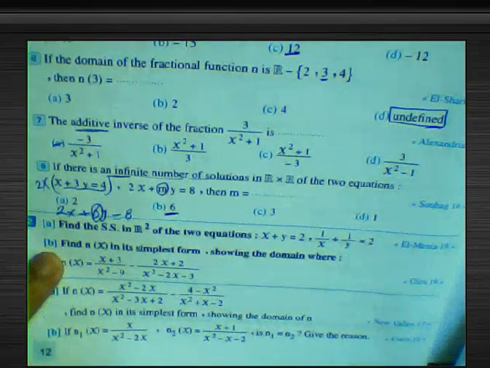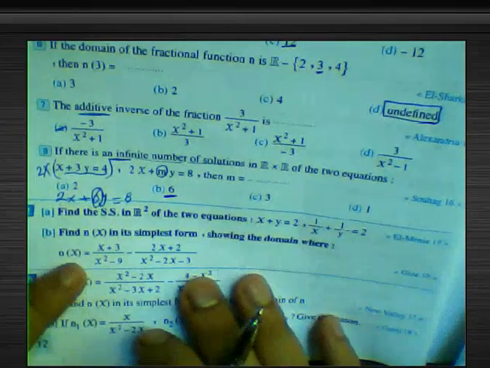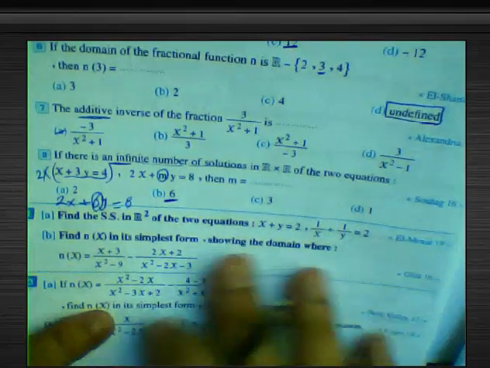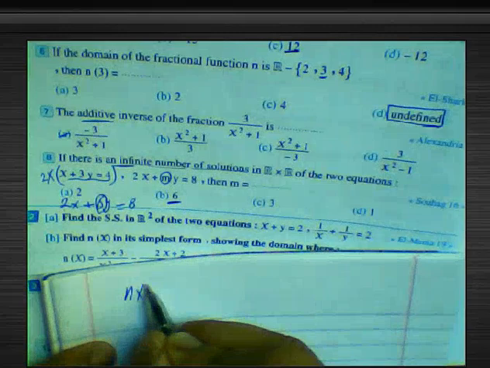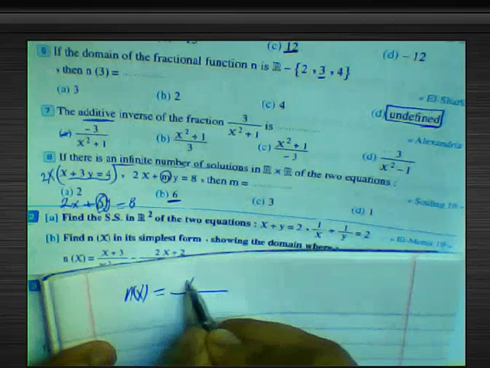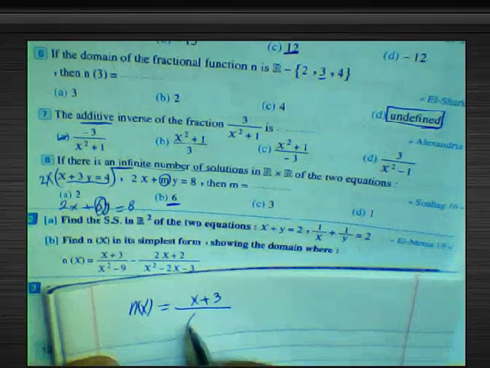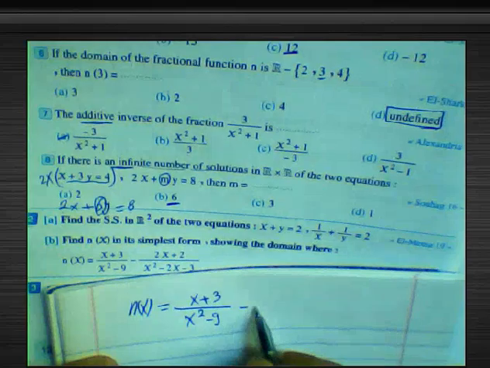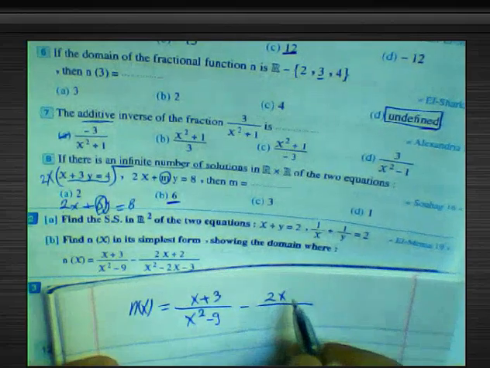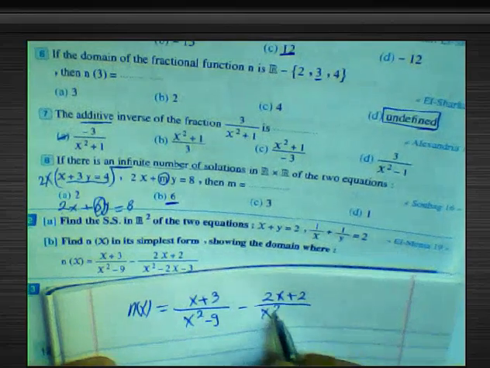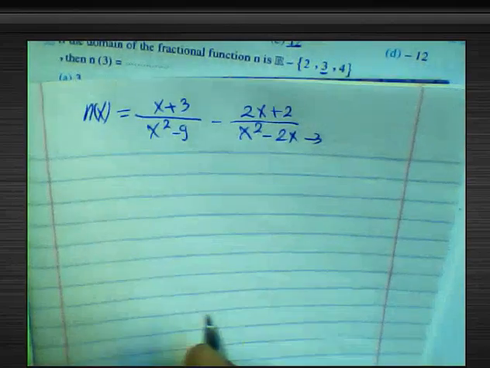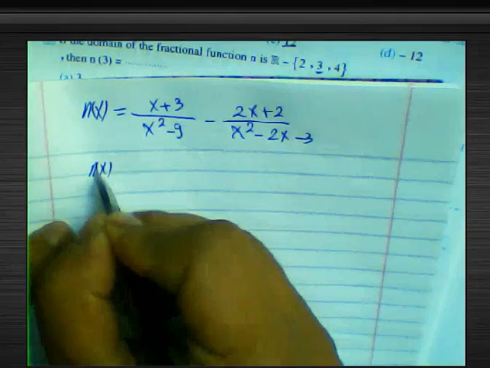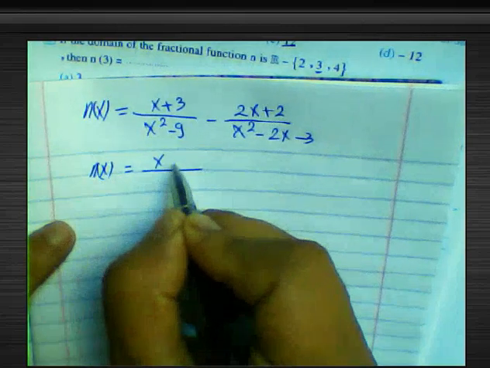Question letter A. Find n of x in simplest form, showing the domain, where n of x equals x plus 3 over x power 2 minus 9, subtract 2x plus 2 over x power 2 subtract 2x subtract 3. You can factorize it.